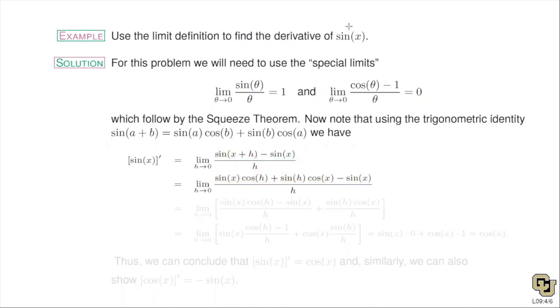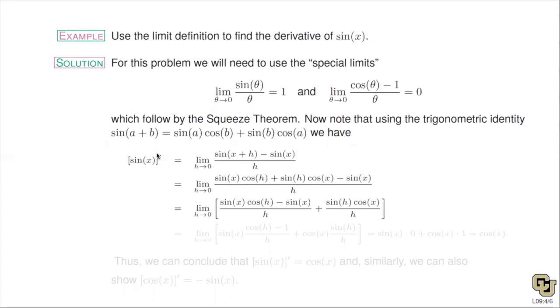So now what I want to do is combine all the functions that have a sine x. I'm going to take this minus sine x here, take this entire term, and move it over here. And this other term, sine h cosine x over h, I'll have by itself. And then I'm going to break it up into two fractions.